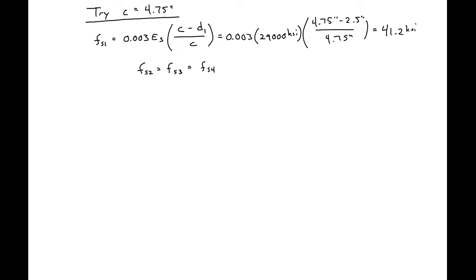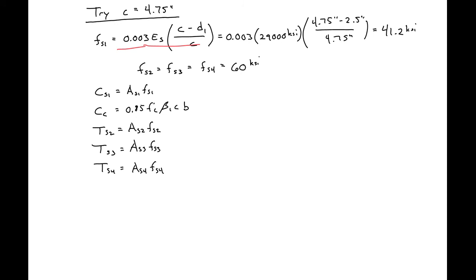So we know that at a C of 5, our second, third, and fourth layers all yielded. So when we move up our neutral axis a little bit to 4.75, they're still going to be yielded. So you could check using our expression again for FS2 and FS3 and FS4, but you'll find that all the layers still yield.